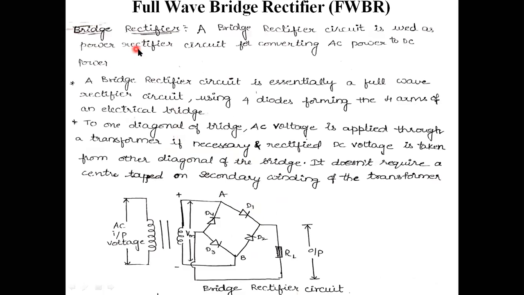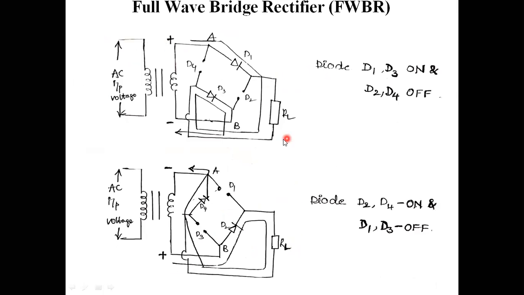I will just summarize the bridge rectifier. Basic principle: it converts AC to pulsating DC. Construction: one step down transformer, 4 diodes and 1 load resistance. For the positive half cycle, conduction will take place from point A to point B. In between these nodes I consider D1, RL, D3. That means diodes D1, D3 are in on position, D2, D4 are in off position.